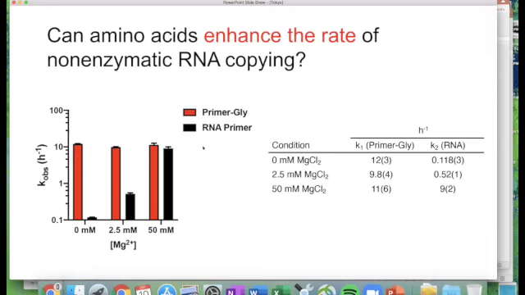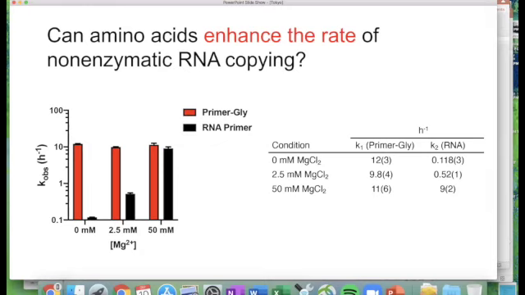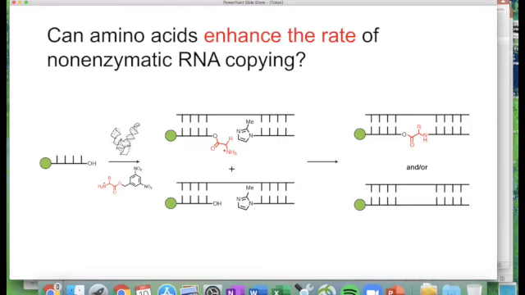This is consistent with reaction taking place via the amino group, which does not require deprotonation by magnesium ion to act as a nucleophile in the reaction. This result is exciting as it suggests that it would be straightforward to integrate this type of copying chemistry with fatty acid-based vesicles. We were next interested in ligation.